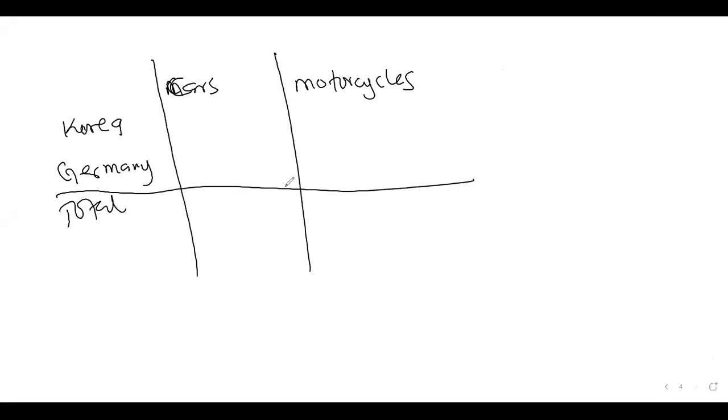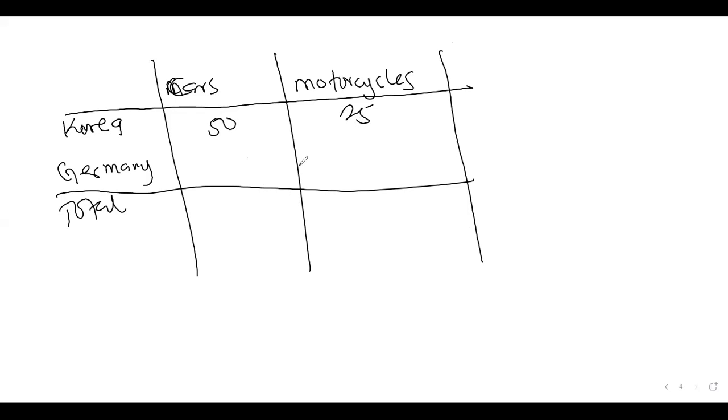So we are going to draw this. Okay. So the question says that Korea can produce 50 cars and 25 motorcycles, and Germany can produce 100 cars and 25 motorcycles. So in total, we have 150 here, and we have 50 here. All right, 150 and 50.